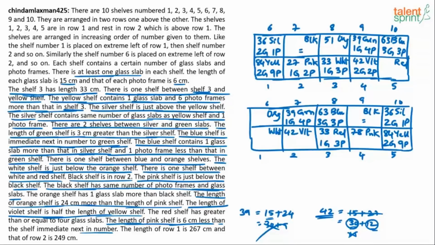Yes or no? Here if it is 78, 78 plus 24 will be 102. So 27 and 51, or 78 and 102.